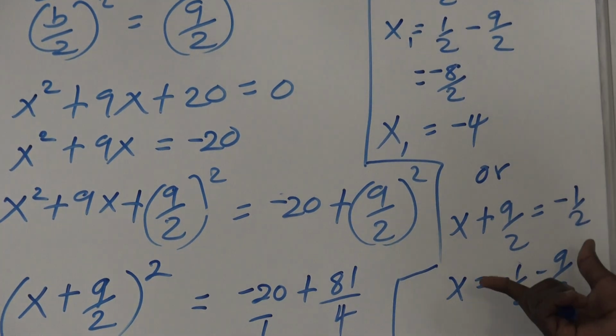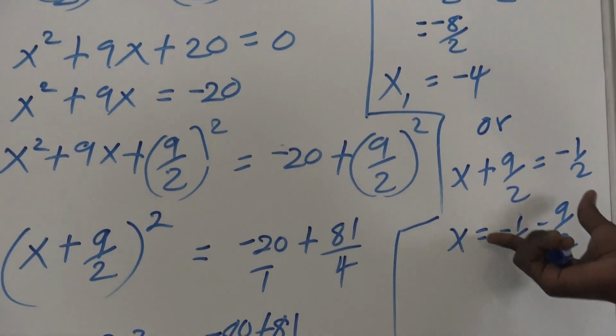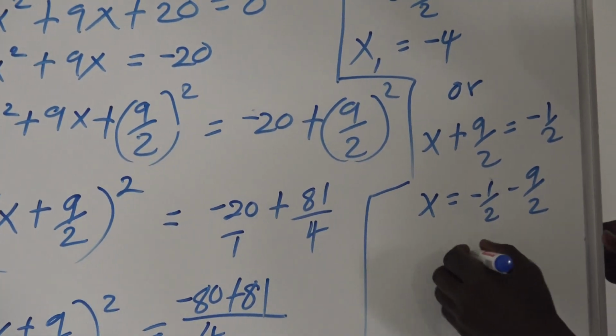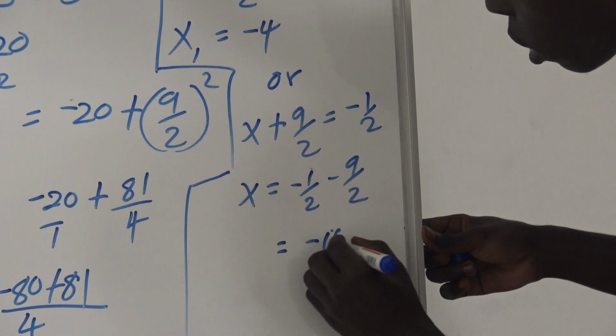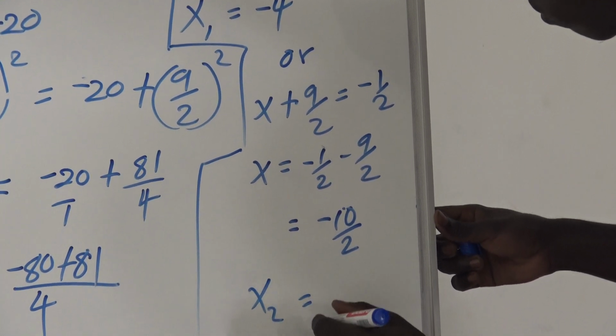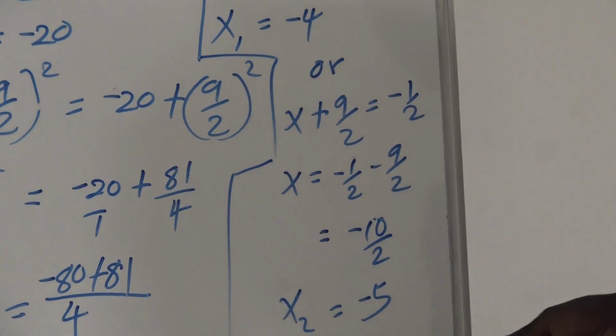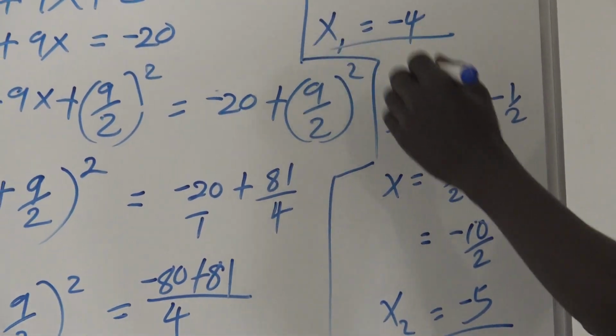So since the denominators are the same, just add this one, so it will be negative 10 out of 2. So our x2 becomes negative 5. So those are the two answers which you get after this.